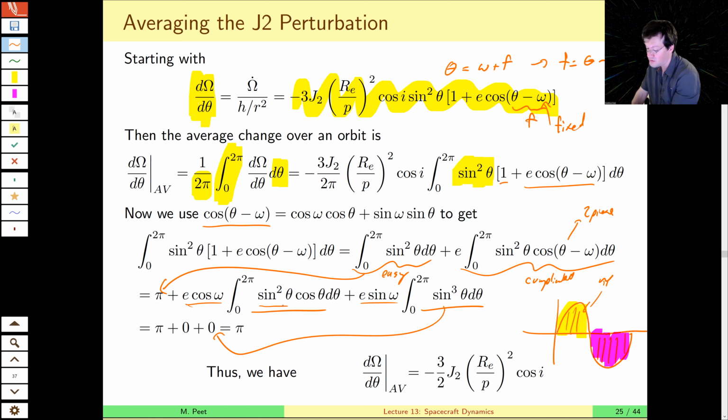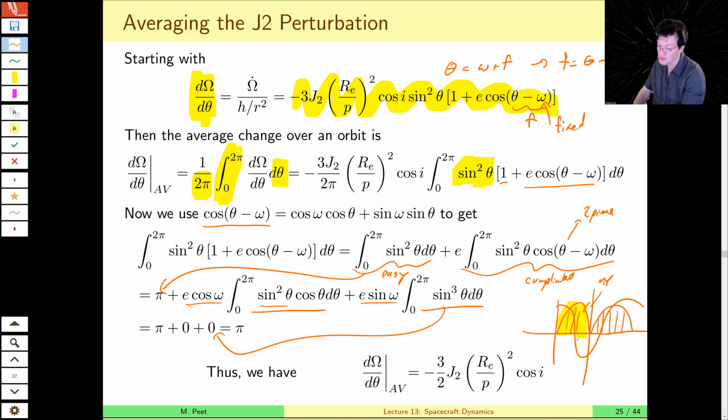Well, this is positive through the whole thing, but we have this cosine term. If we break out this cosine term, it's equally positive and negative over this interval, and so this term is canceled by this term, and this term is canceled by this term.